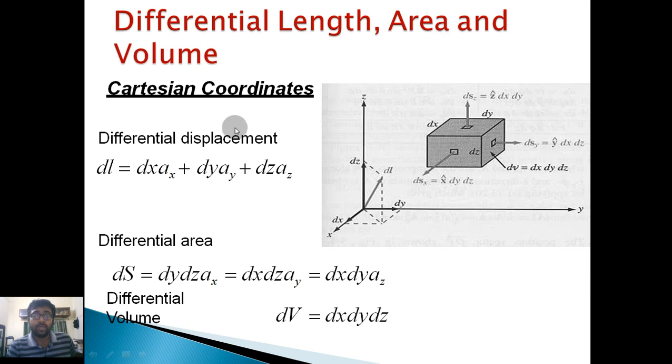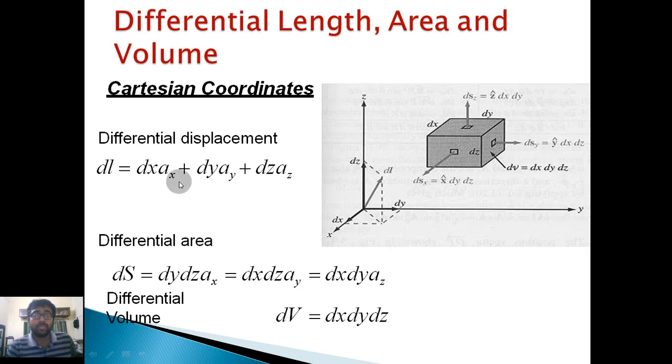And this is the differential displacement. How does this work? This is the displacement value, the similar displacement value. It will be an infinitesimally small value of dx, which is multiplied with a suffix x, and this is the y suffix x, and this is the z suffix x.